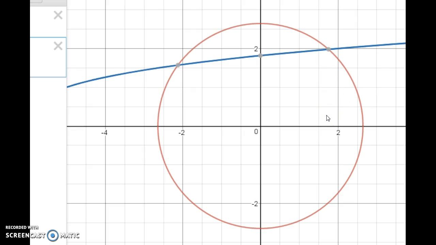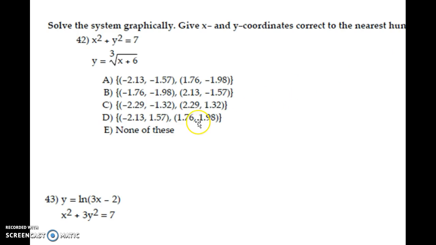But you can also, with this multiple choice, it's pretty easy to rule out what the wrong answers are. We see this cross right here is a little bit less than 2 and has a positive y value pretty close to 2. So if we look at our choices, a little bit less than 2, well, B and C are more than 2, so they're out.